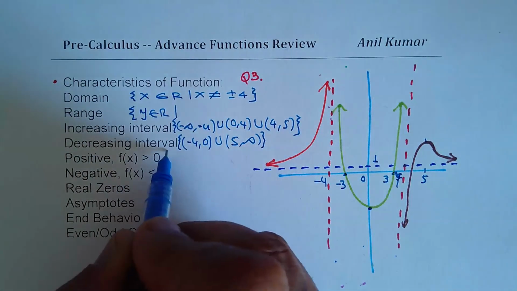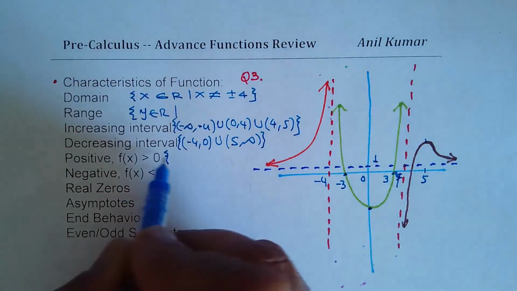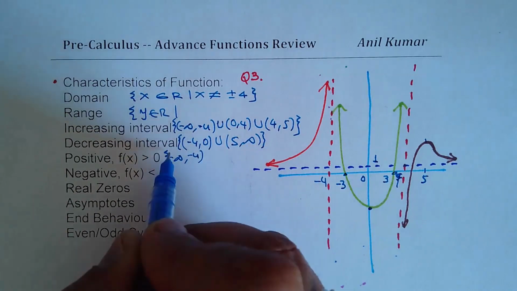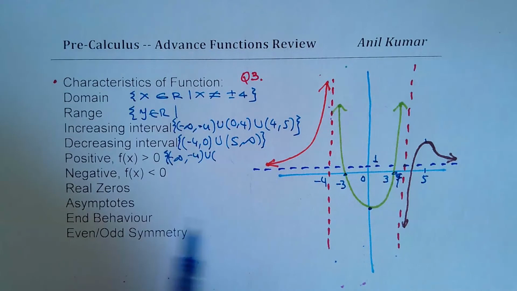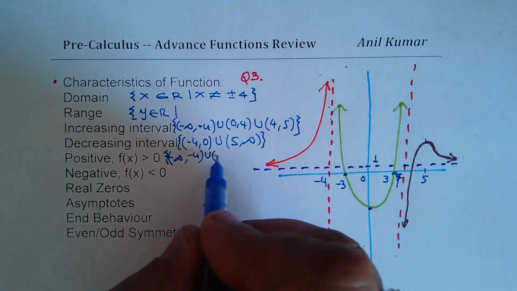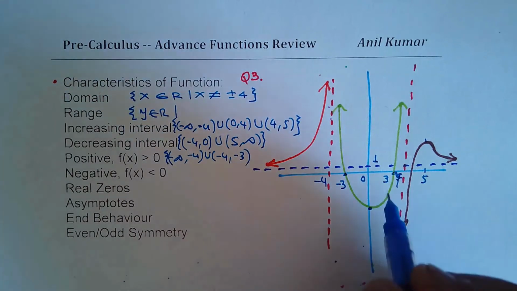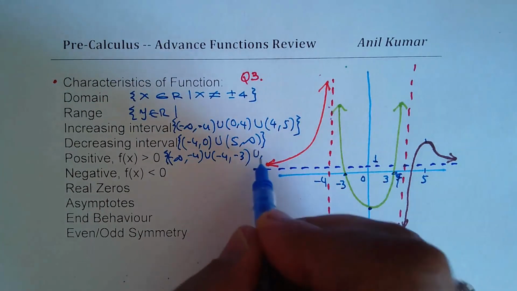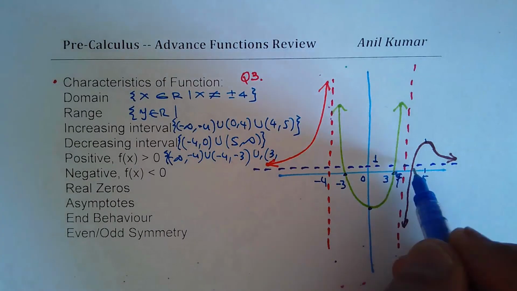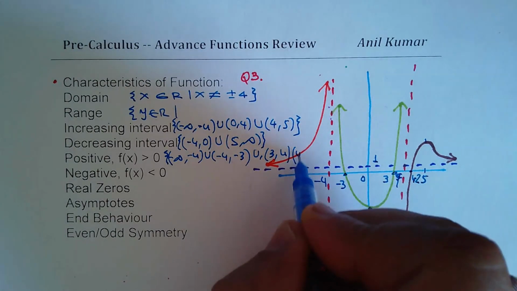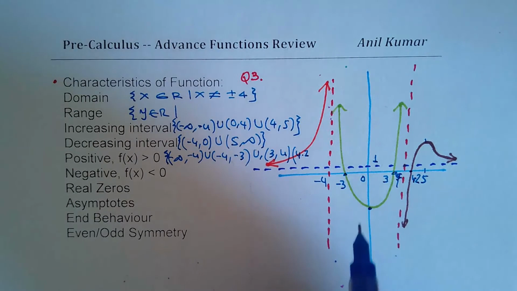So one could be it is positive from -infinity to -4, and then it is positive from -4 to -3, right? Then it's positive from 3 to 4, and is also positive after, let's call this point as 4.2, 4.2 to infinity.